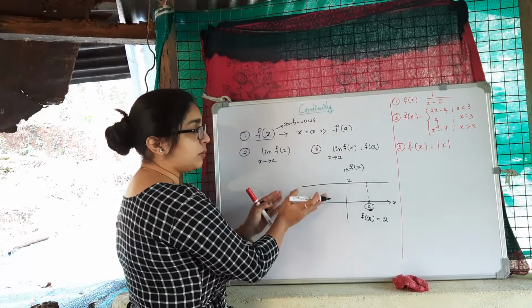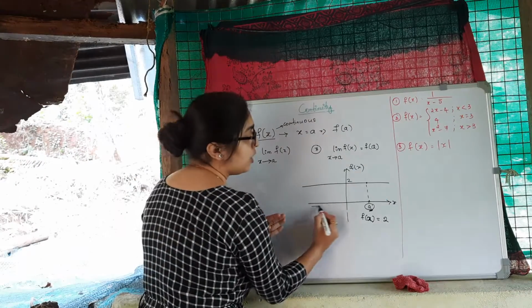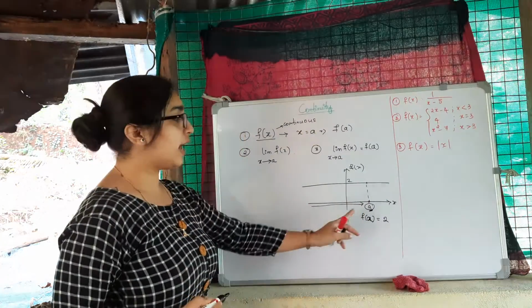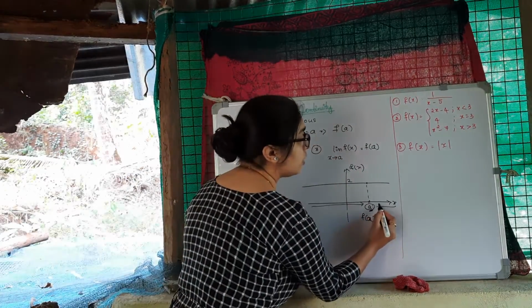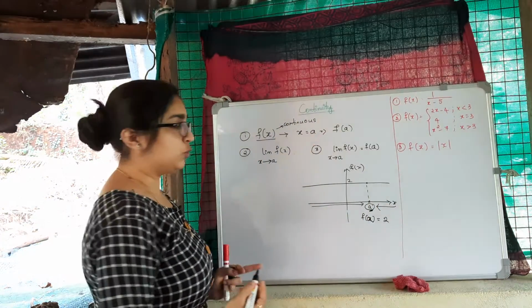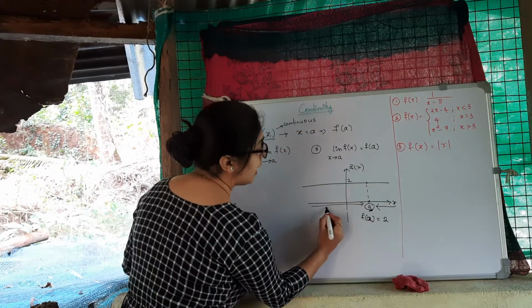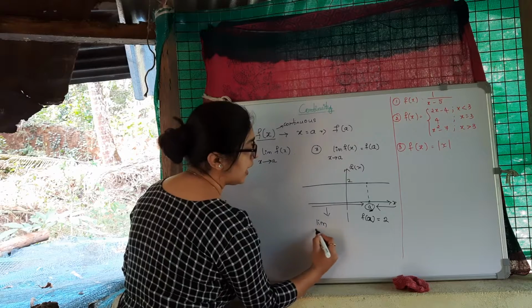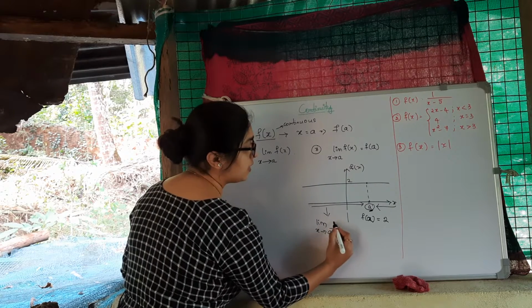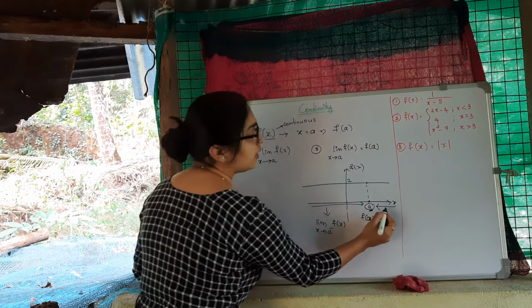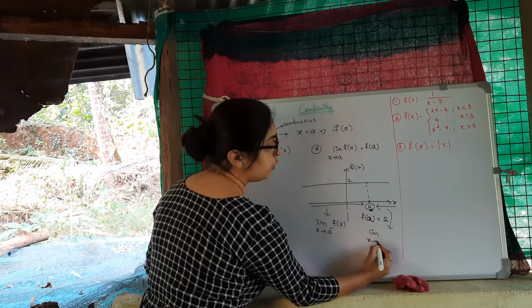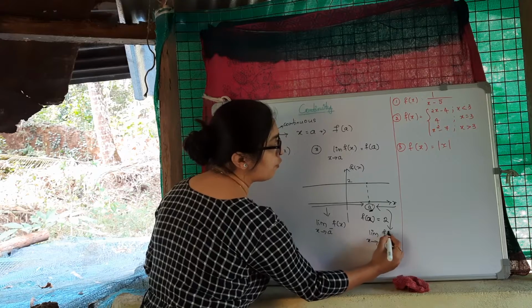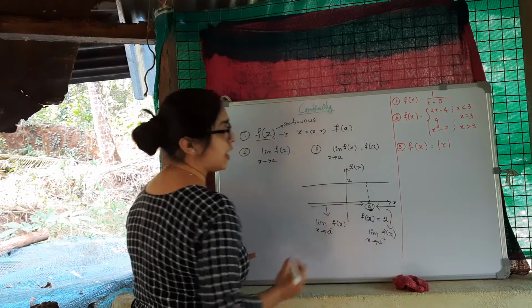So when this function approaches a from the left, the value at the point will be 2. From the right also, it will be equal to 2. I can write this as limit x tending to a minus of f of x, and the right side limit I can write as limit x tending to a plus of f of x. This is f of a.